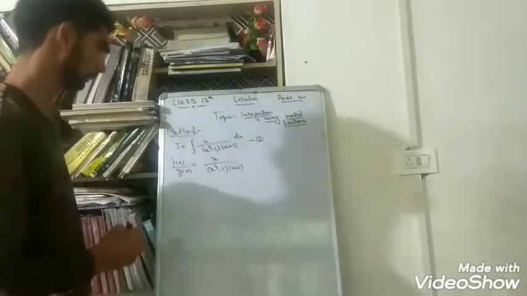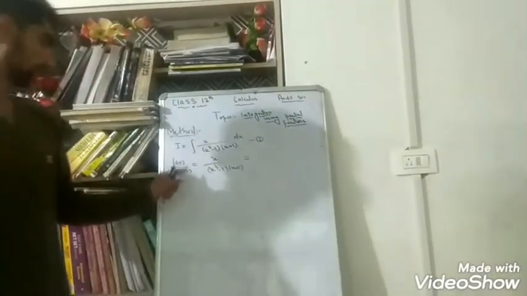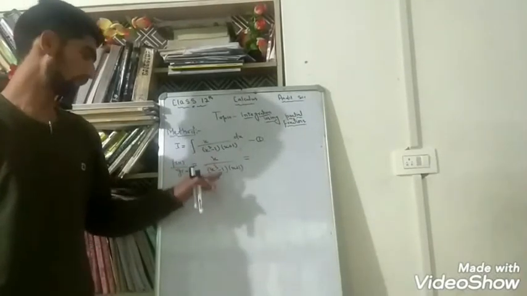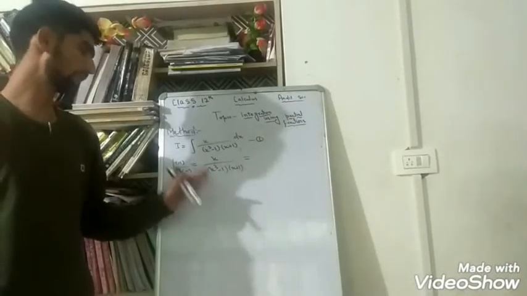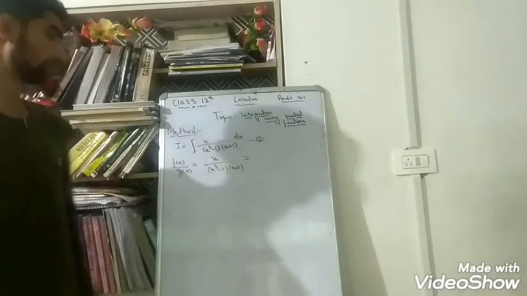This is our function, but we have to first check whether we can factorize this g of x or not. If we cannot factorize, then we have to apply the method directly. If we can factorize, then we have to factorize first.